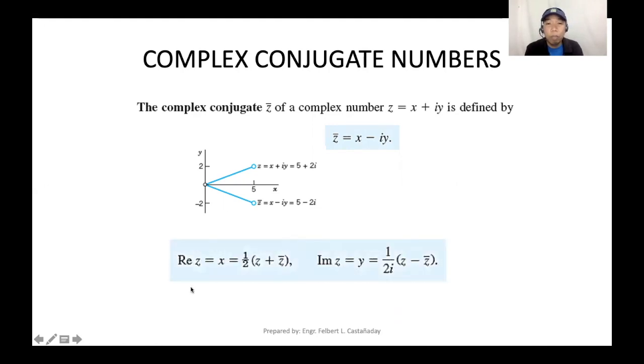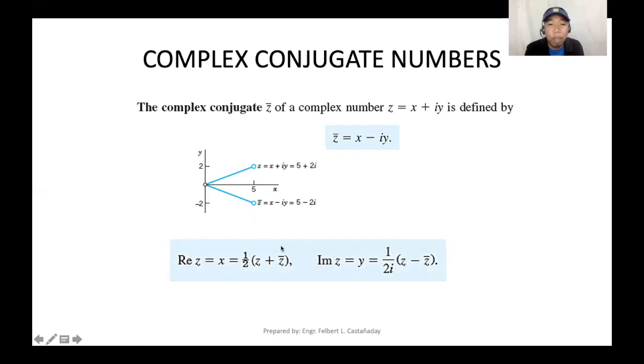Okay, remember these formulas. Re(Z) means the real part of the complex number Z, denoted by x. You can get it as one half of the sum of the complex number and its conjugate.